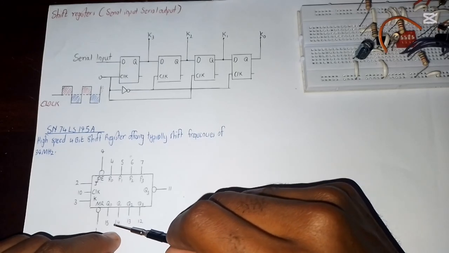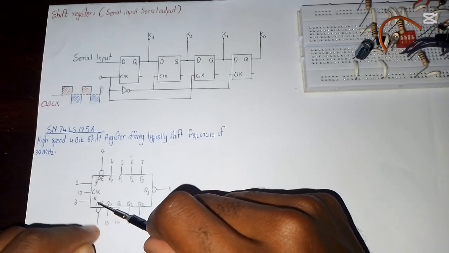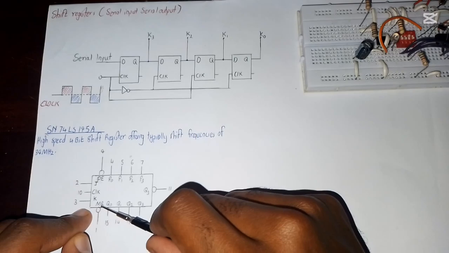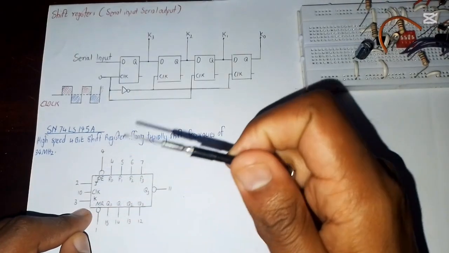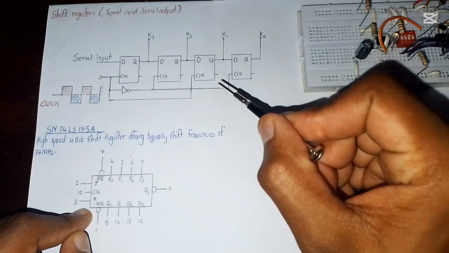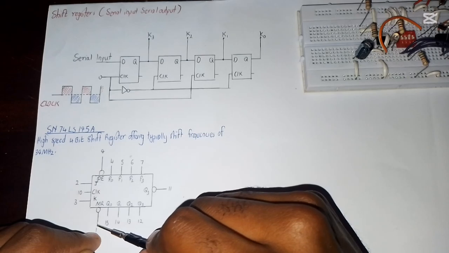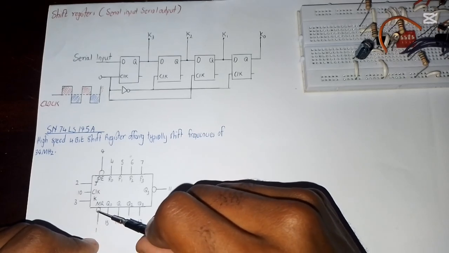We also have pin number 1, which is inverted. This is the clear input, meaning that it clears everything which the flip-flops had stored. It has an inverted section, meaning we have to keep pin number 1 high in order for the clear to be low.